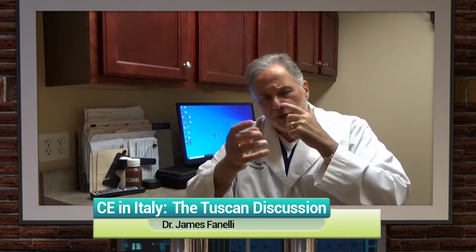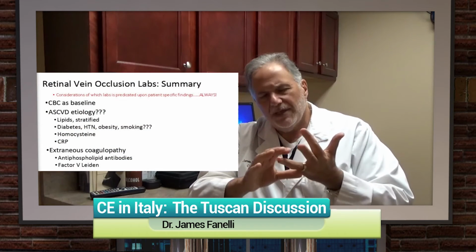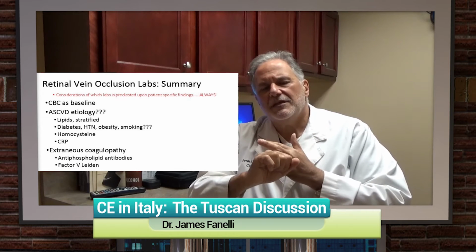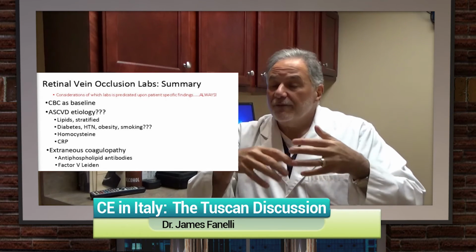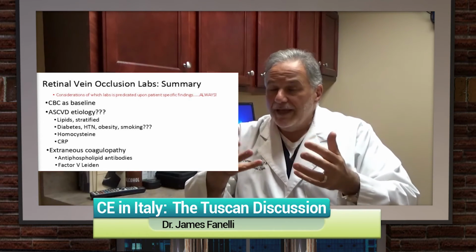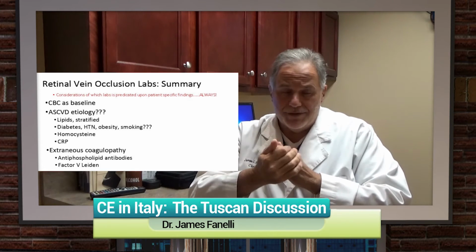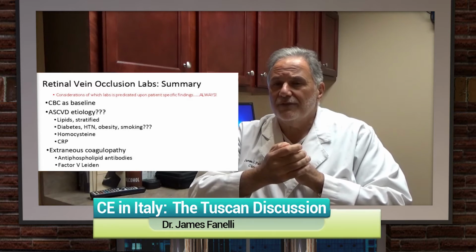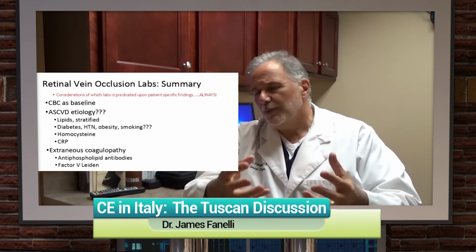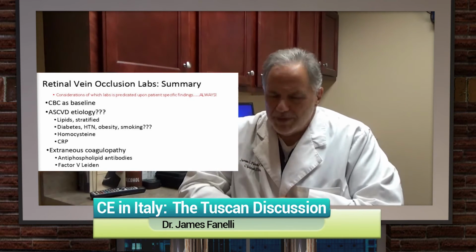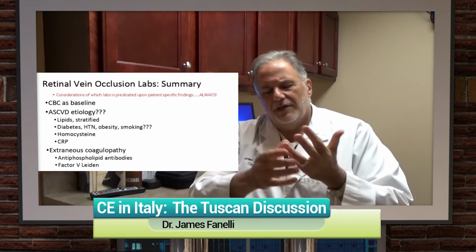For individuals who have hypercoagulability, the standard labs include a CBC with differential. For example, things like sickle cell anemia can also cause vein occlusions. And a CBC with differential is an elegant, simple test that's going to pick up 90% of hematologic disorders.